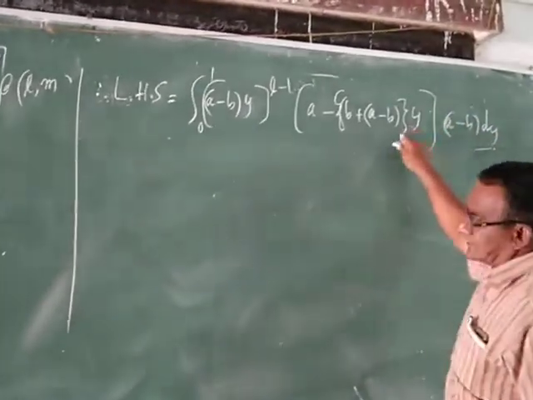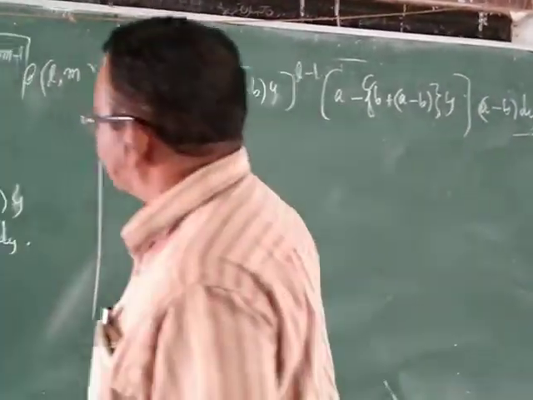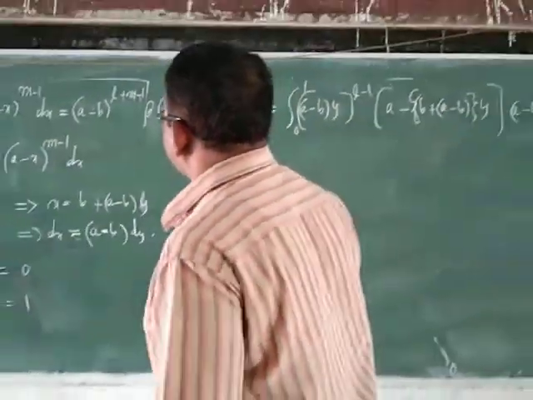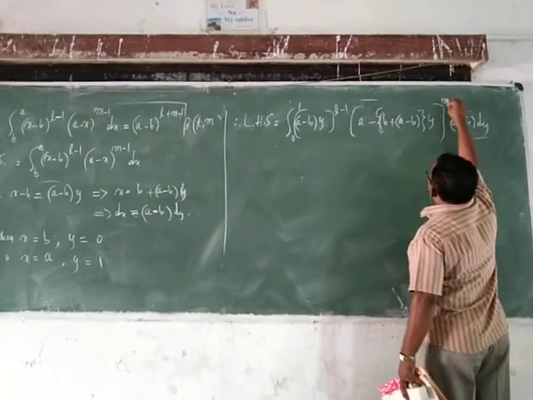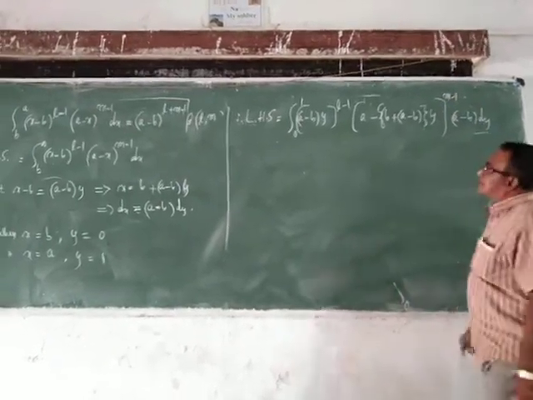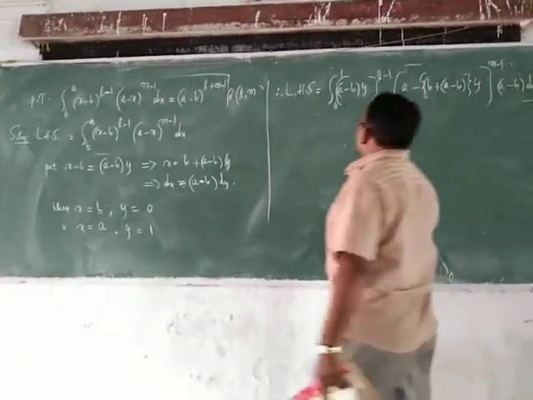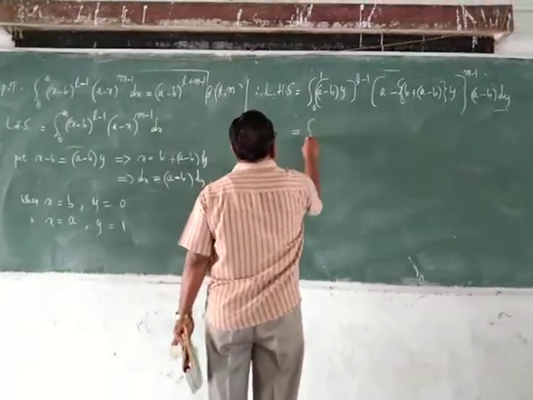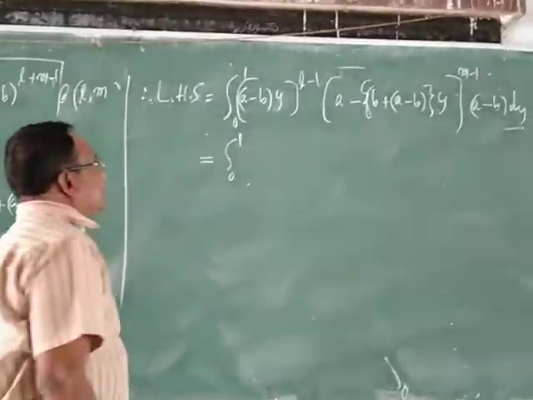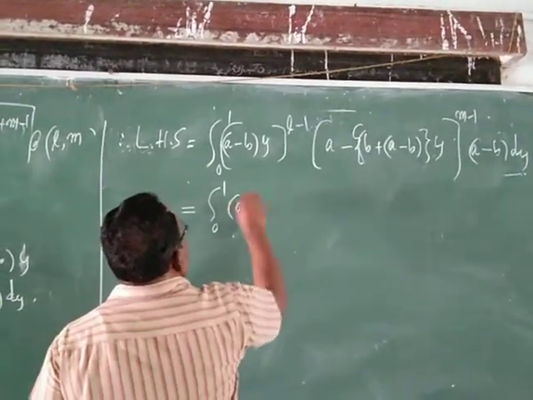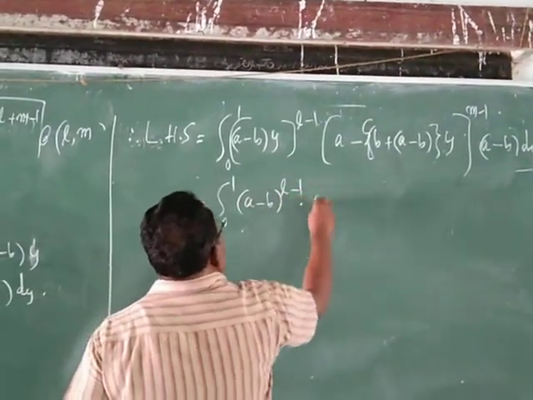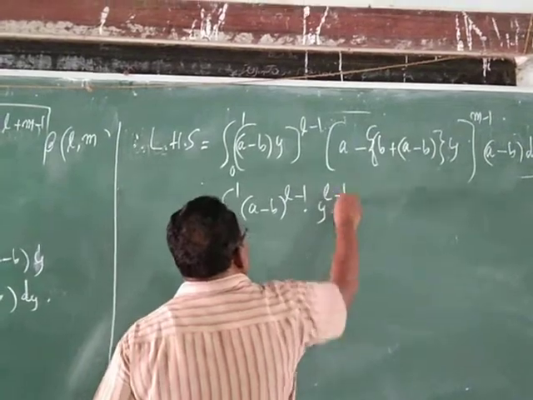What is the power of this? It is (a minus x) whole to the power m minus 1. So to the power m minus 1, write it as it is. This is equal to the integral from 0 to 1 of (a minus b) whole to the power l minus 1 into y to the power l minus 1.